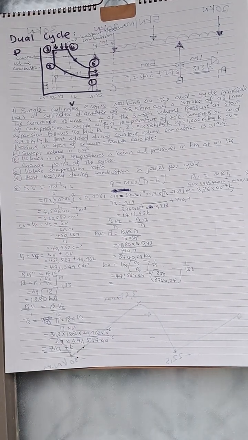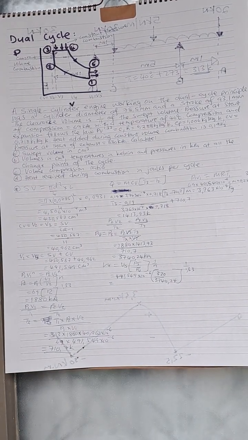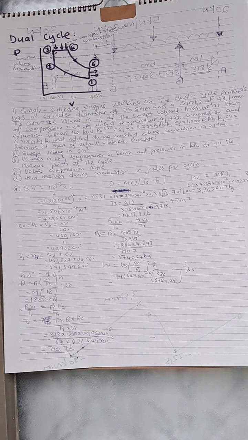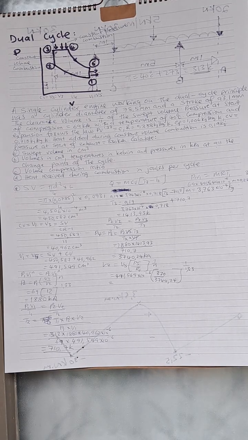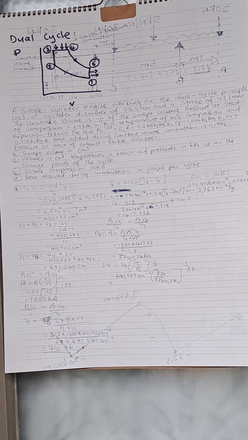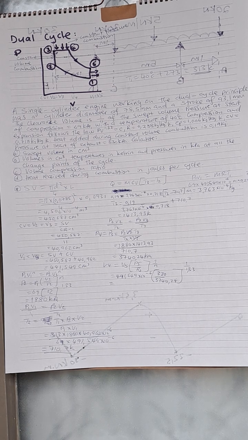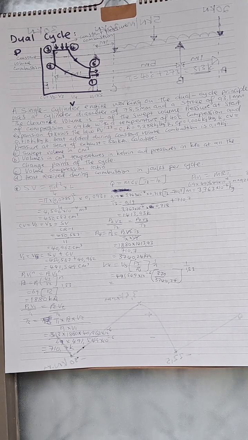It's 491.549 times 10 raised to the negative 6 times 330 divided by 3740.24 to the exponent of 1 divided by 1.33.